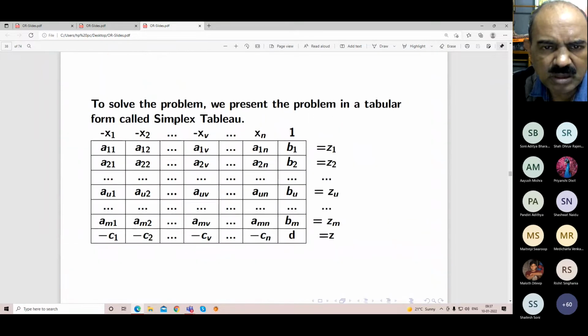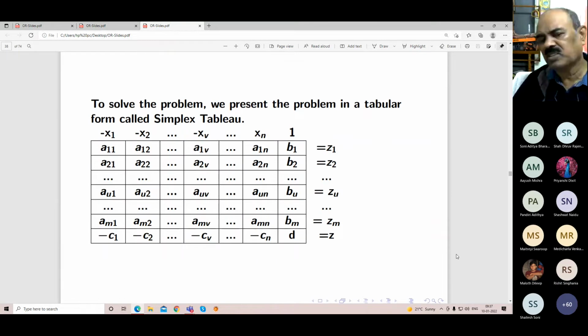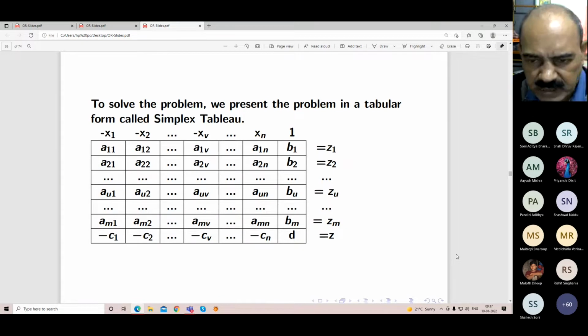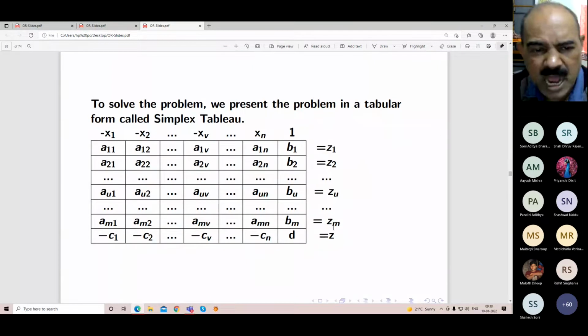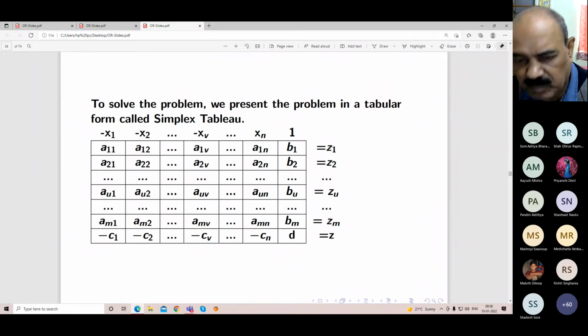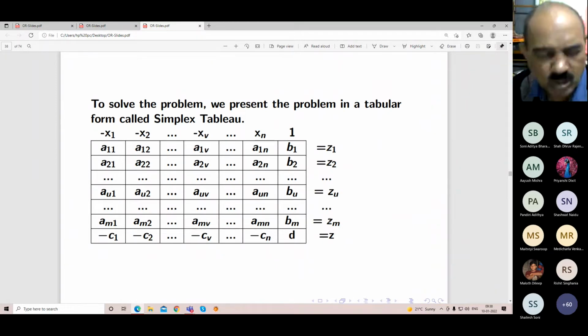See, in this problem, how many variables are involved? Calculate how many variables. These z1, z2 up to zm are variables. I have put a different name: basic variables and non-basic variables. The x1, x2 up to xn are the actual variables, and z1, z2 up to zm are the basic variables. Altogether, there are n plus m number of variables.